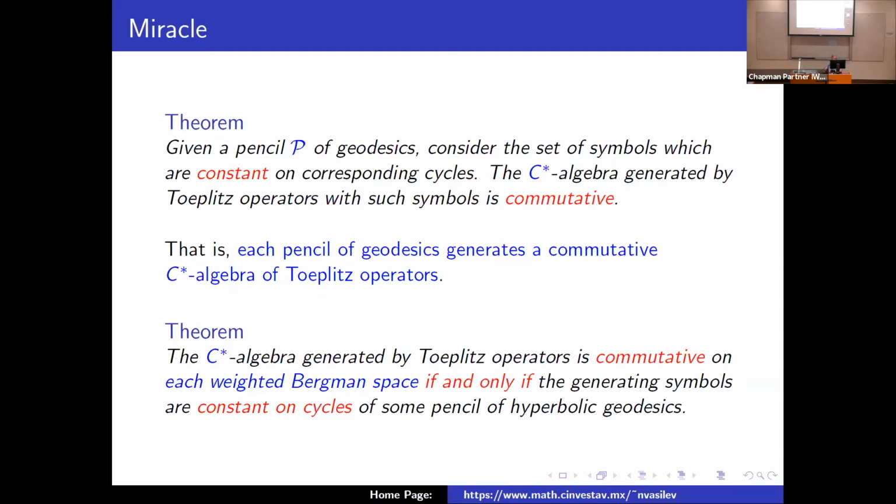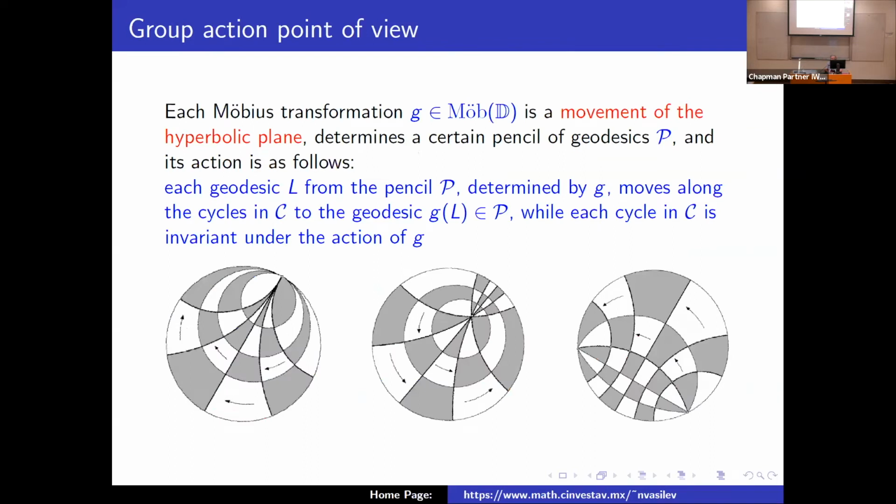There is another point of view on this, based on group action. Möbius transformations are known to be motions of the hyperbolic plane, and each Möbius transformation, being parabolic, elliptic, or hyperbolic, determines a certain pencil. Say, for a parabolic Möbius transformation, it is known that it has a double fixed point on the boundary. So we draw a pencil whose geodesics converge to this point.